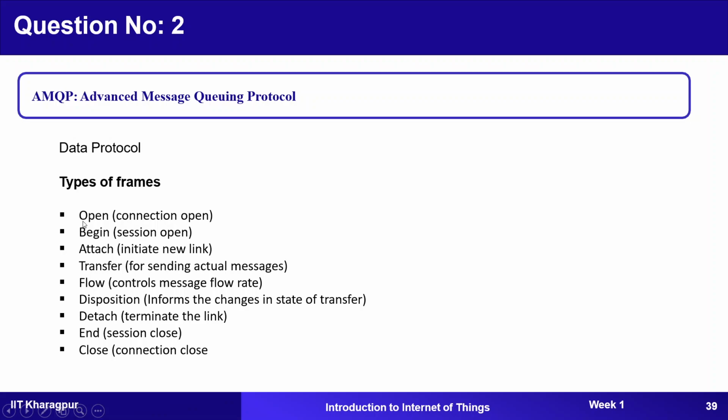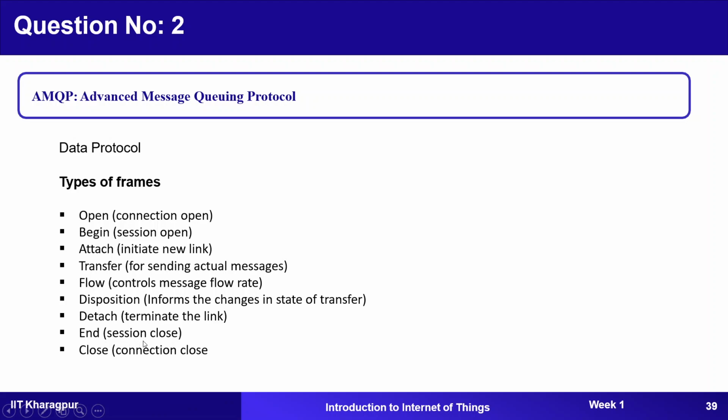First one is your open. In order to open the connection, this open frame is used. Then in order to start the session between two devices, your begin frame is used. And after that, in order to initiate a new link between two devices, the attach frame is used. For sending the data, transfer frame is used. Then for control messages, your flow frame is used, and your disposition frame is used for informing the changes in the state of transfer. Your detach frame is used to terminate the link.